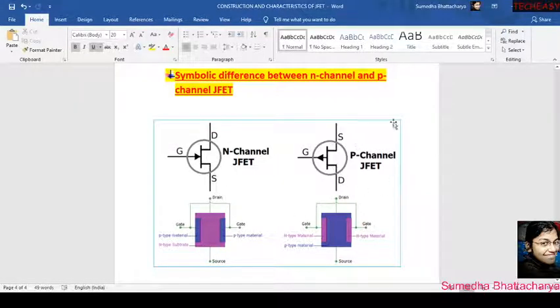Same for the P channel JFET, you can see the blue region is P type and the pink region is N type. So here P to N is outward, so the arrow is outward. So this is the trick to remember the symbolic difference or symbolic expression for N channel and P channel JFET.